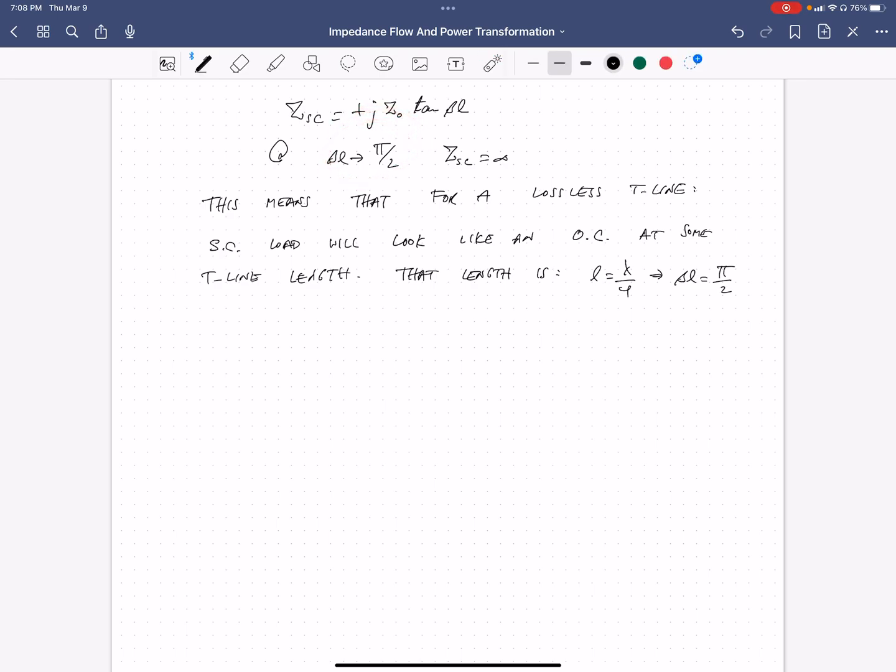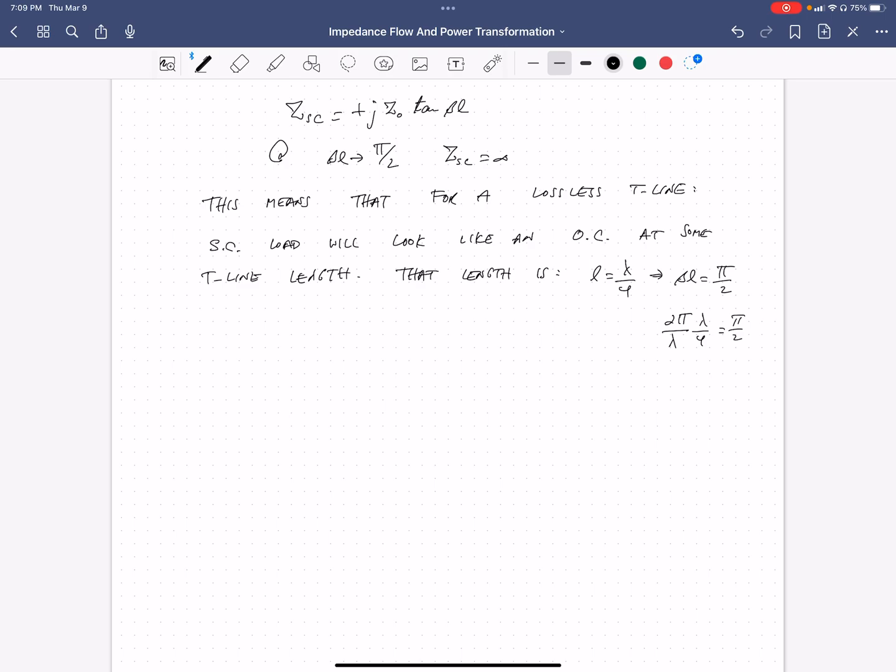So we are looking for the tangent to go to plus infinity. Beta is 2 pi over lambda, times lambda over 4. We want that to be equal to pi over 2.